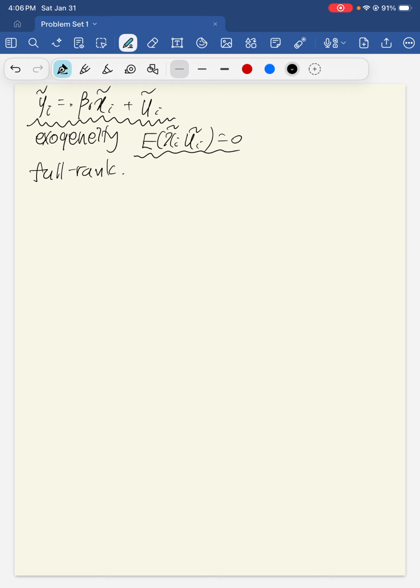And the full rank assumption is a square. So you need to write it this way, but there is nothing to transpose. X tilde is one dimension. So you can simply write it as a square. And for this number to be invertible, that means it is not zero. Whenever it is not zero, you can take the reciprocal. So that is what we have to show. So let's show the exogeneity first.